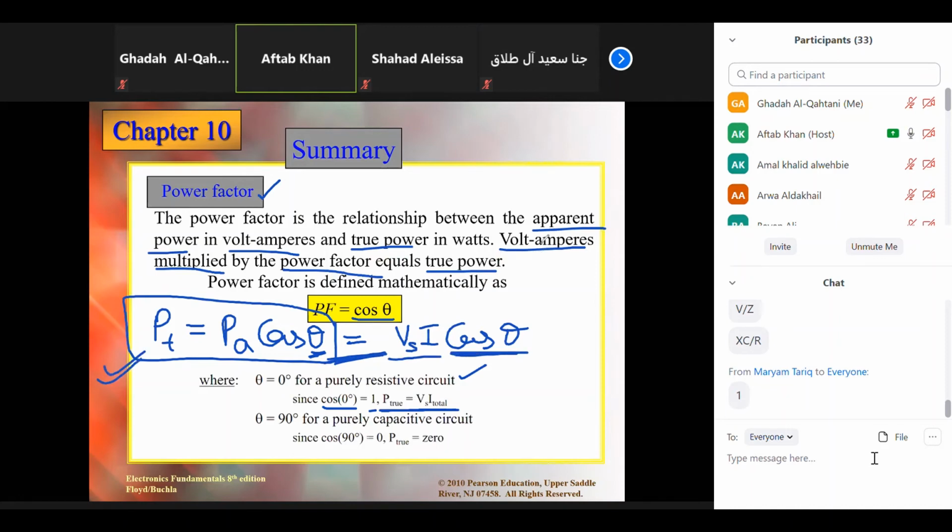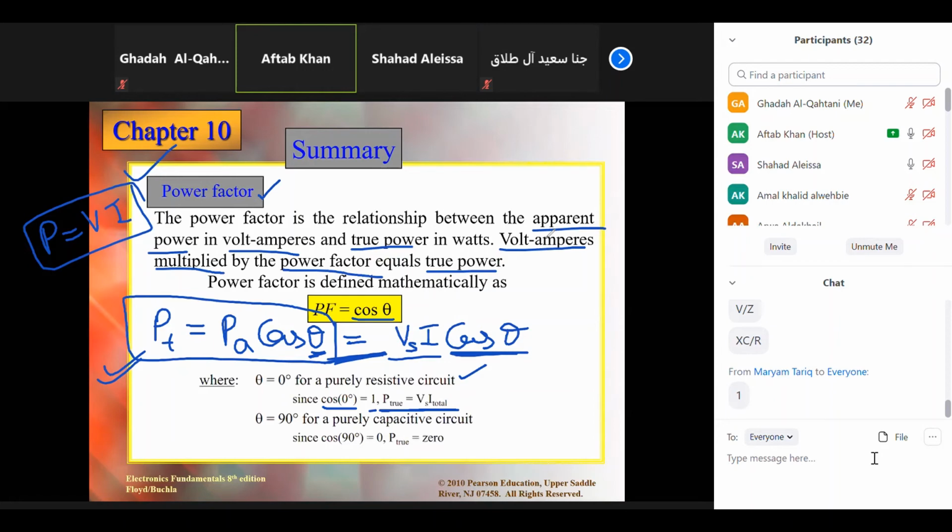That's why I asked, do you remember this formula? Everyone knows this formula, because theta is 0, so the cos theta value becomes 1. So we have this formula for the purely resistive circuit. Also, if we have a purely capacitive circuit, do you remember the phase angle?